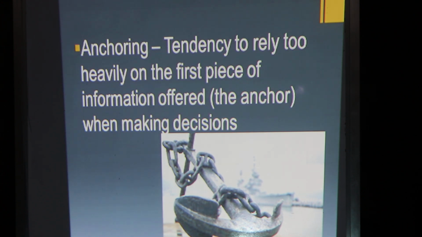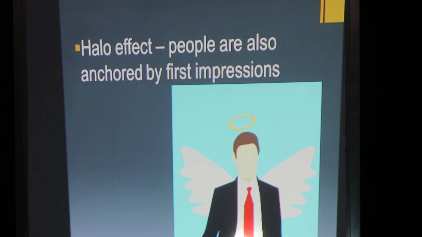So you made Manila's population your anchor. 10 million plus 20%, that is 120%, would give you the population of Quezon City. That is not accurate. We tend to anchor, since it's a guesstimate for us, a ballpark figure. The next one is the halo effect.